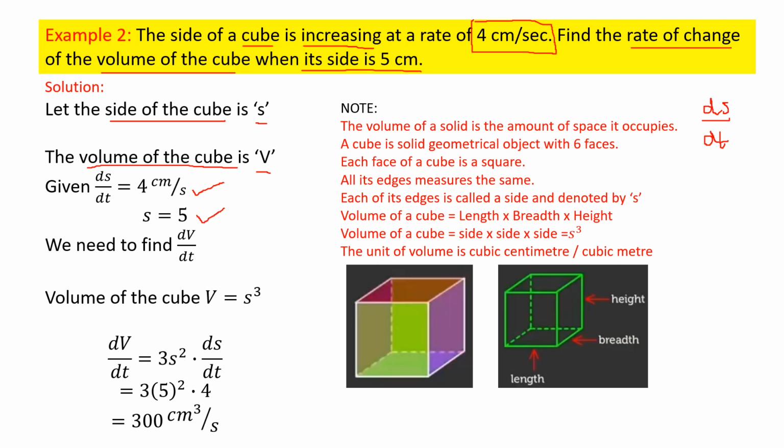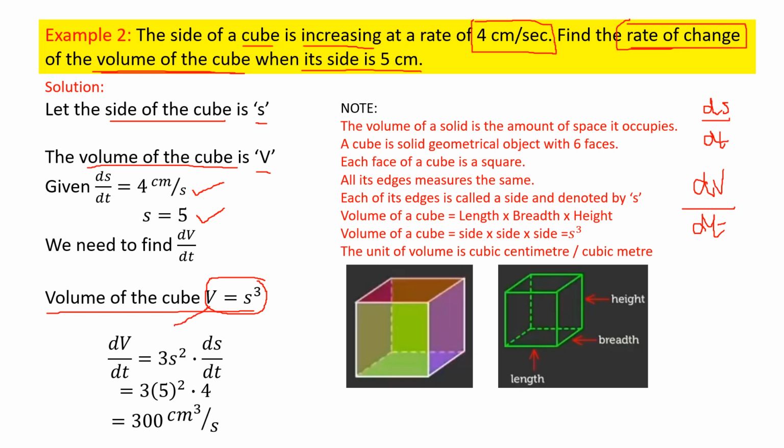What we have to calculate? We have to calculate the rate of change of the volume of the cube. So we need to calculate dV by dt, the rate of change of volume with respect to time. To find dV by dt, we already know that the volume of the cube, capital V, equal to S power 3. So I am going to differentiate this equation on both sides with respect to t.